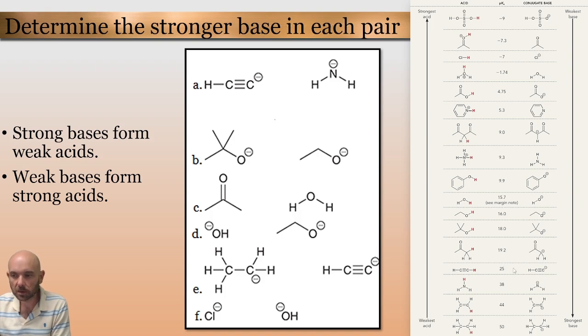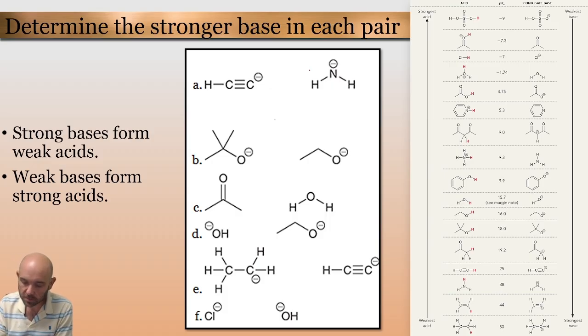For instance, we see the acetylide ion, the conjugate base of acetylene, is not quite as strong as the conjugate base of the ammonia molecule. So in this case, if we're looking for the strongest base, we're looking for the higher pKa to tell us which is the stronger one.